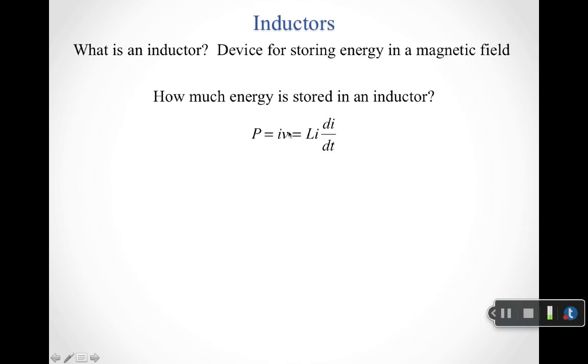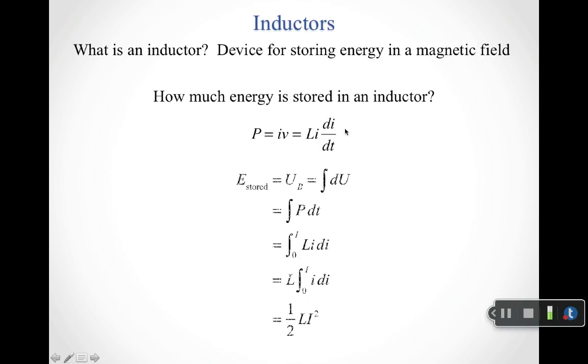And again, we're just using lowercase letters here because these values will change as the current changes within your inductor. Well, V, we said we could write that, right? The EMF induced across the inductor is going to be L times di dt. So I can write the power, so the rate at which energy is stored in my inductor with this expression.